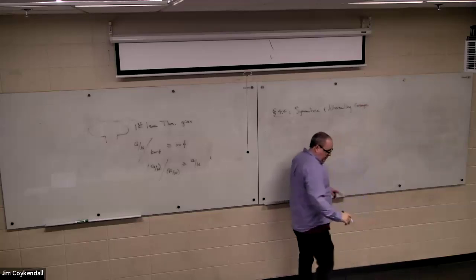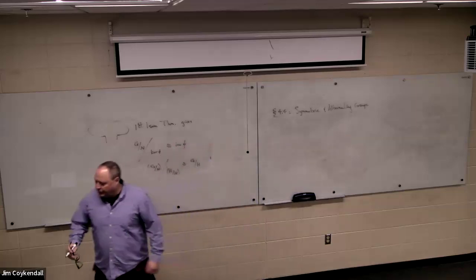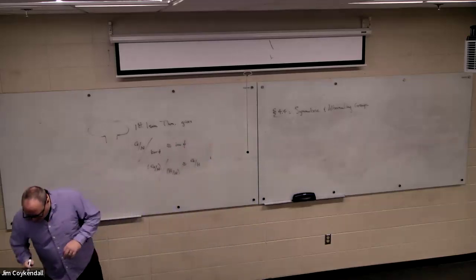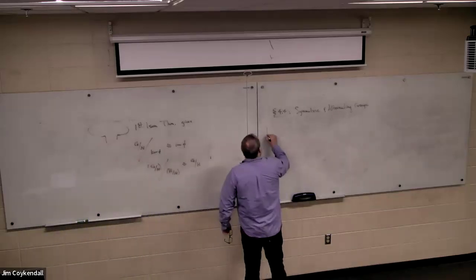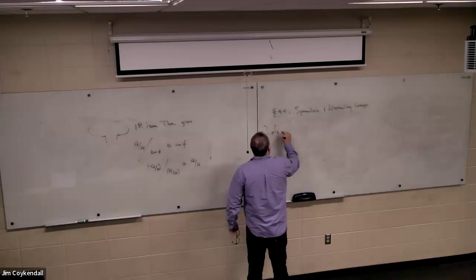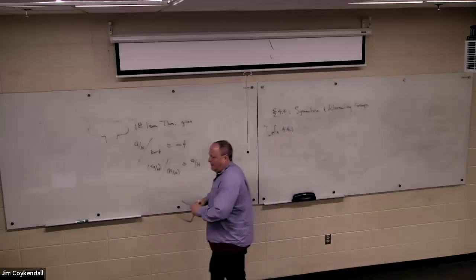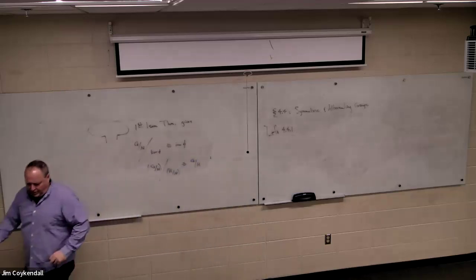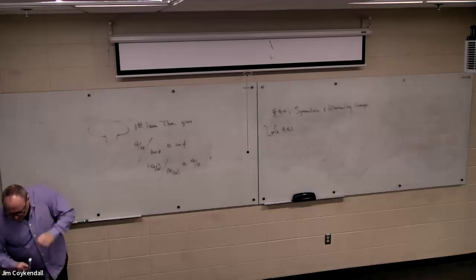Even though this is new, I've already done some of this that I expect you to know, so this will probably help as a bit of a review. Let me start off by reminding you what the symmetric group is. Definition 441. Let's suppose that A is a set, not empty.